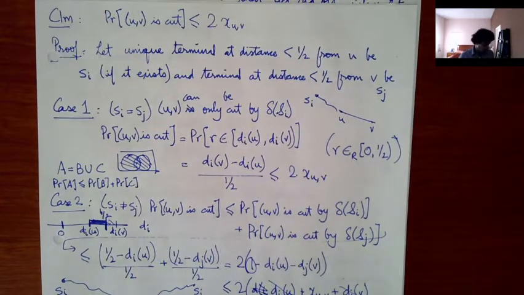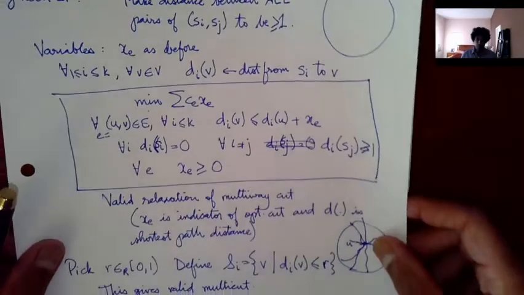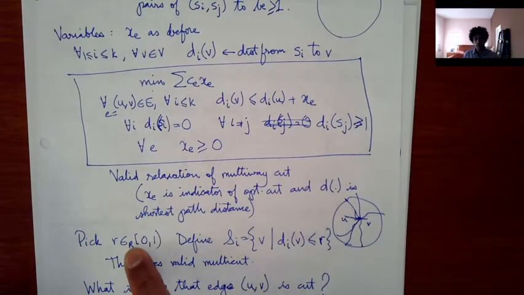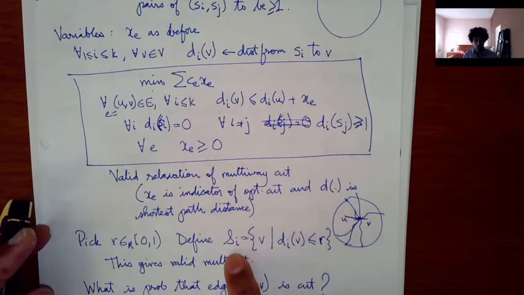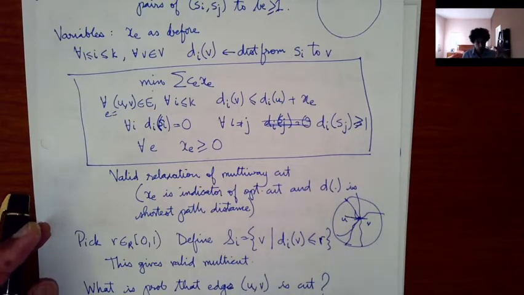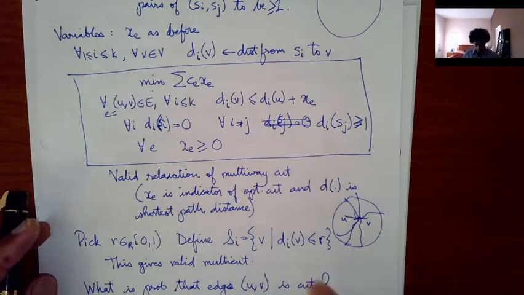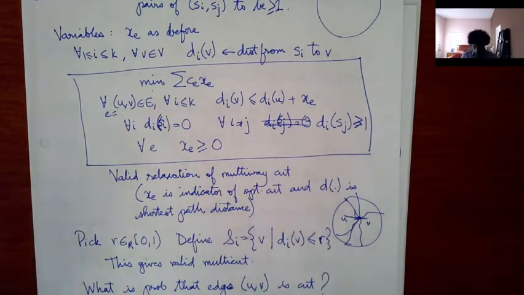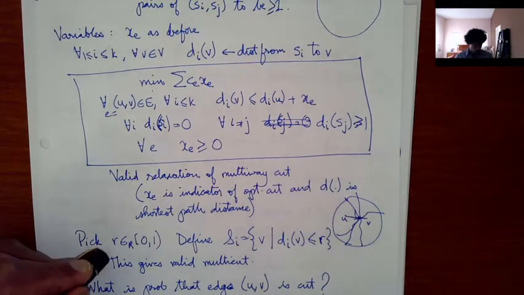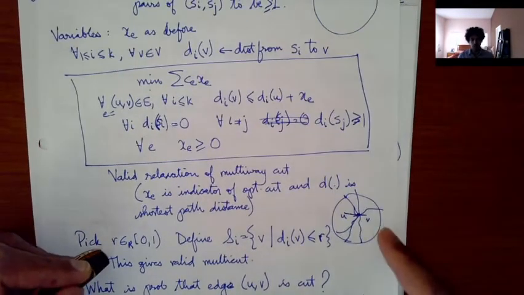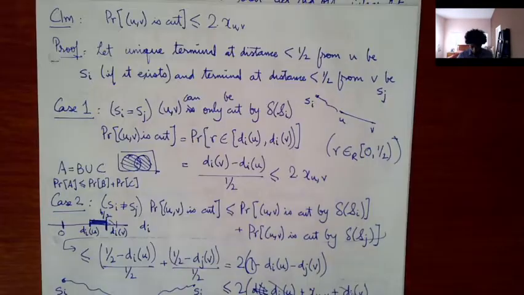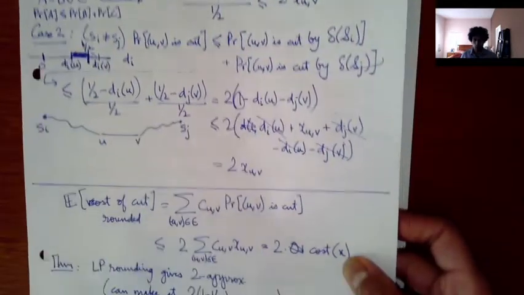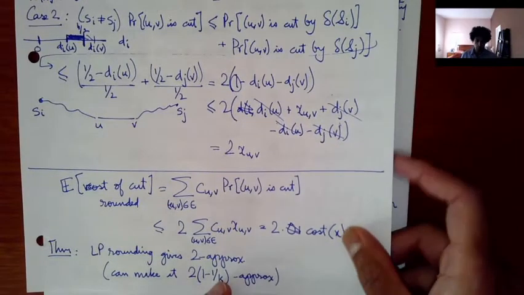And just recall that the way we defined our clusters was we would pick an R at random from 0 to 1, and we would define script S_i to be the cluster that contains the terminal s_i, to be all the vertices within distance R. And we argued that, for this case, the right thing was to pick it between 0 and a half, and we would get a 2 approximation. So that, when we put it all together, again gave a 2 times (1 minus 1 over k) approximation.